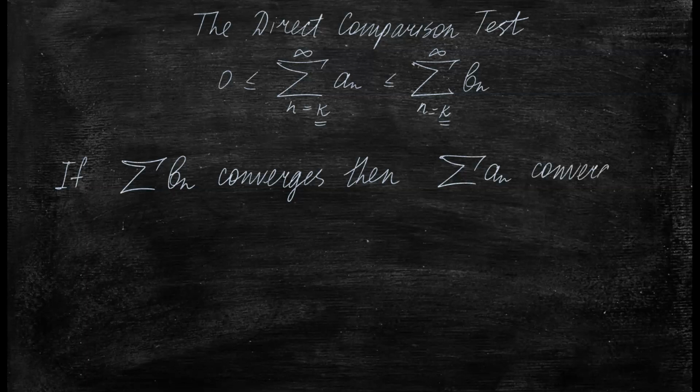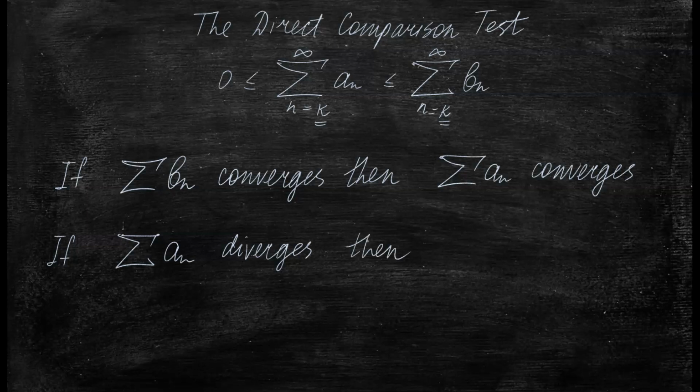And it kind of makes sense because if the smaller one is smaller than some number, but it increases, then it will satisfy the conditions of the theorem. It is bounded and monotone, therefore it must converge. So the smaller of the two will converge if the larger one converges, and on the other hand, if the smaller one diverges, it will push the bigger one to diverge as well.